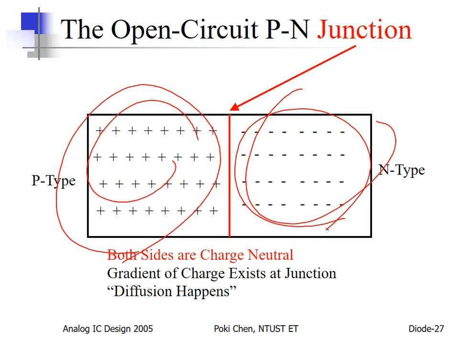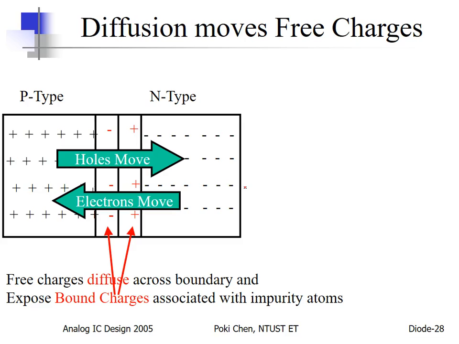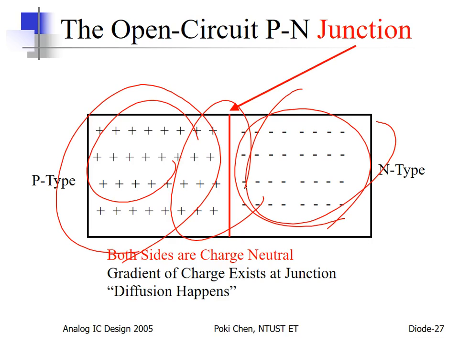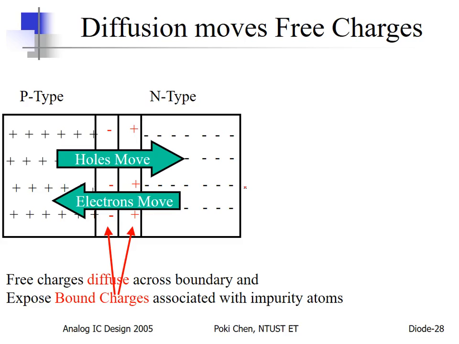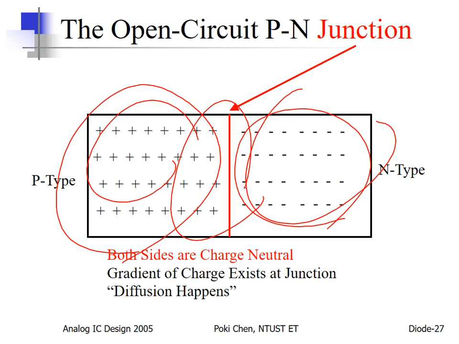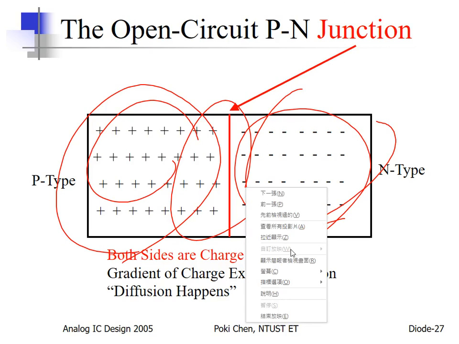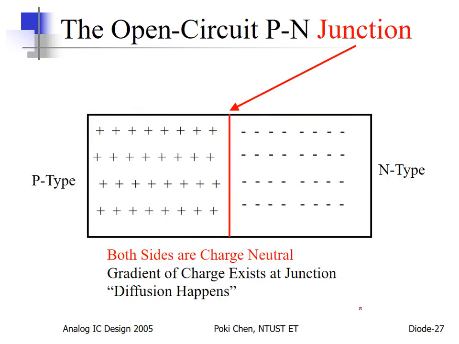Let's go further, because they love each other. They would like to migrate to the other side, right? Bingo. Oh, wait a moment. You can see, according to diffusion, from the beginning, the slope at the junction, the interface here, right?